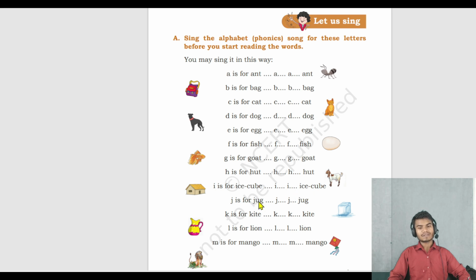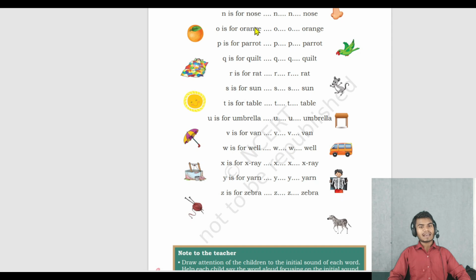J is for jug. K is for kite. L is for lion. M is for mango. N is for nose. O is for orange. P is for parrot. Q is for quilt.